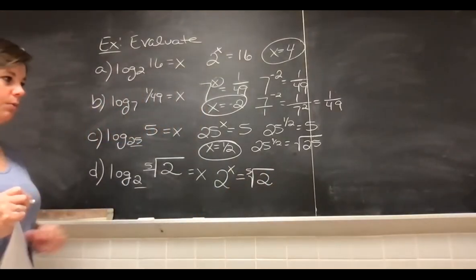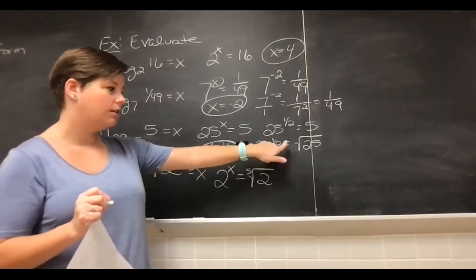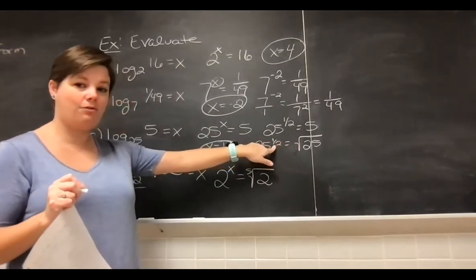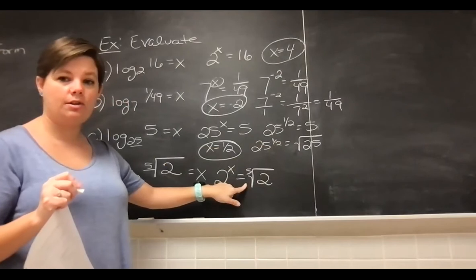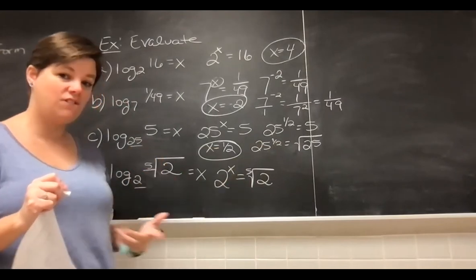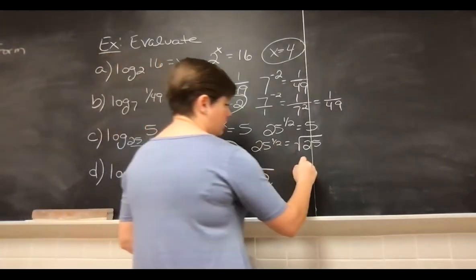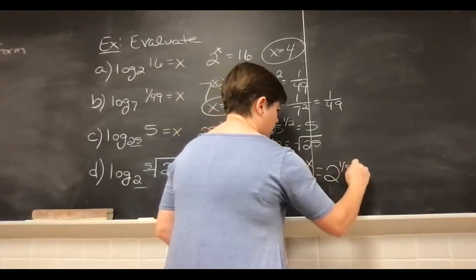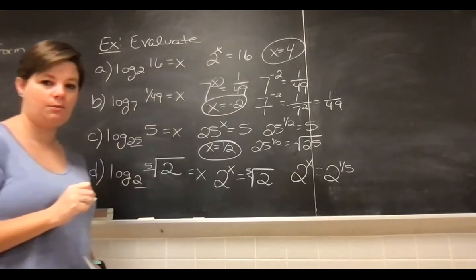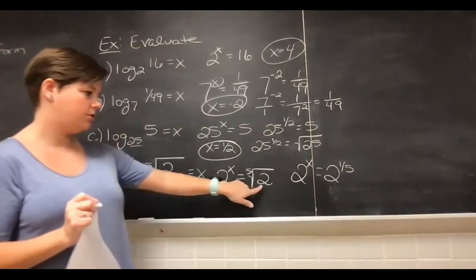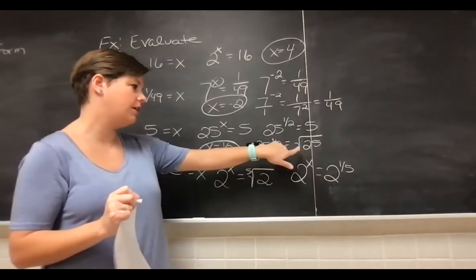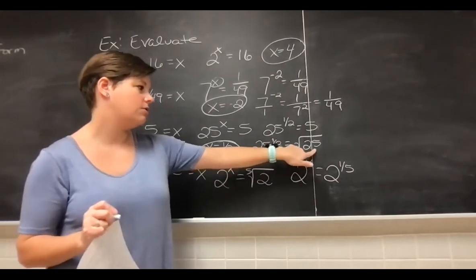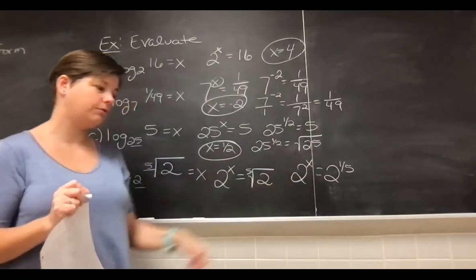Now, notice up here, the square root became 1/2. So a 5th root is going to become a 1/5. So we could say 2 to the x equals 2 to the 1/5, right? 2 to the 1/5, just like 25 to the 1/2 is the square root of 25.